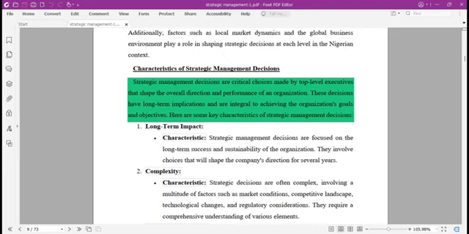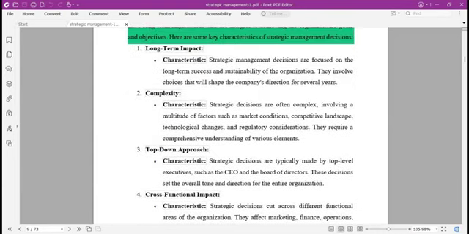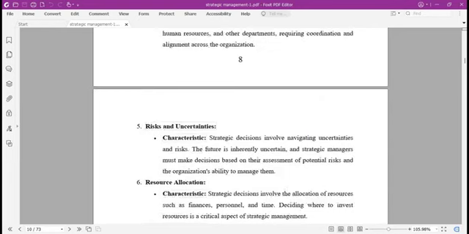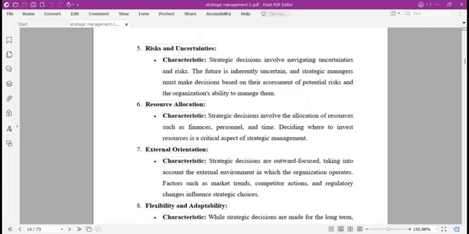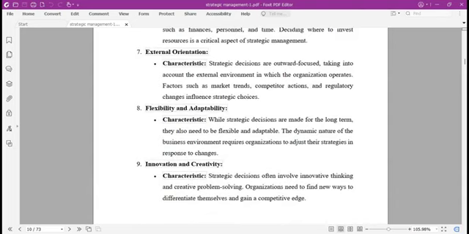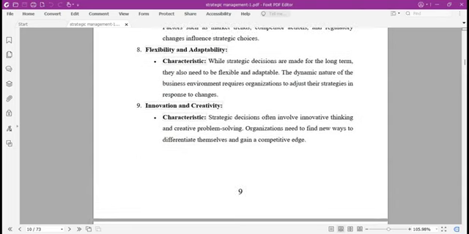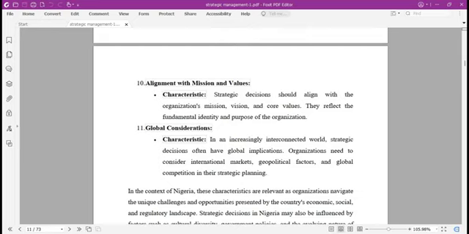We talked about the long-term impact, the complexity, the cross-functional impact, the top-down approach, the risk and uncertainties, the resource allocation, the external orientation, flexibility and adaptability. We talked about innovation and creativity, alignment with mission and core values, and global considerations.